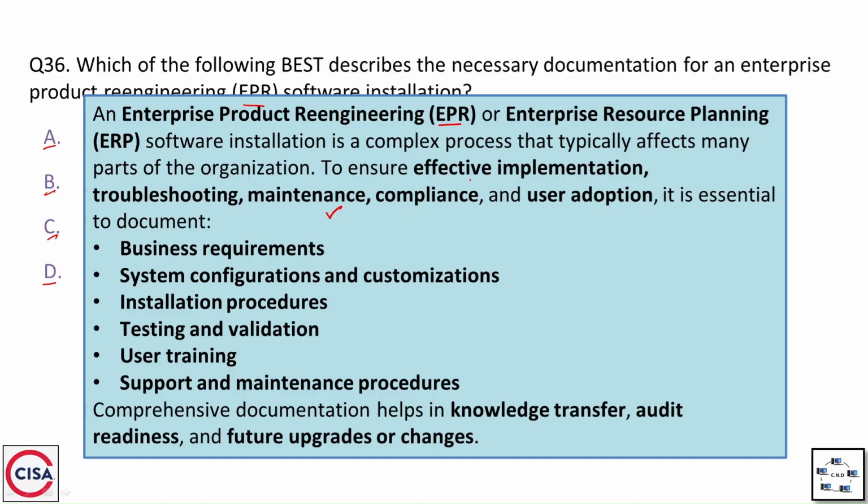To ensure effective implementation, troubleshooting, maintenance, compliance, and user adoption, it is essential to document business requirements, system configurations and customization, installation procedures, testing and validation, user training, and support and maintenance procedures. Comprehensive documentation helps in knowledge transfer, audit readiness, and future upgrades or changes.